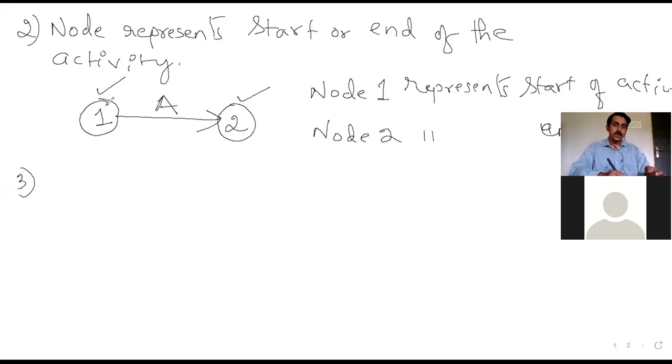Here in this case, it is the circle which actually represents the node. Node 1 and node 2 are here to represent only the start and the end of each of the activities. And the length, that is the next rule.